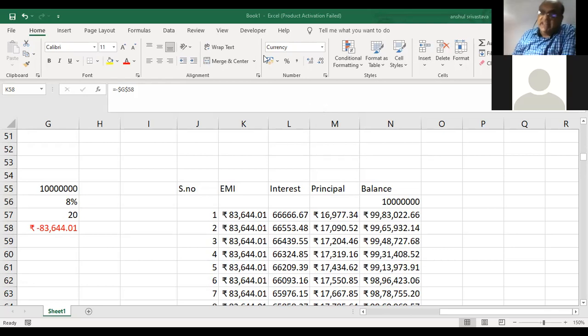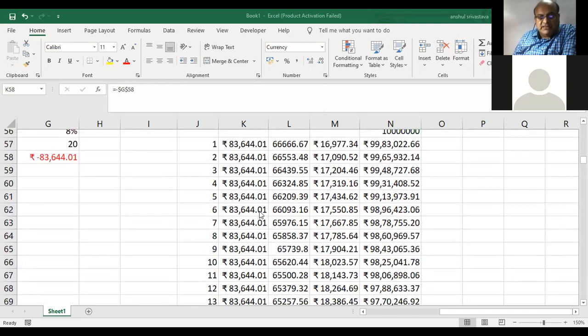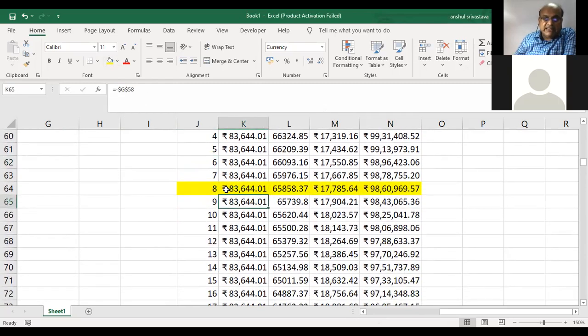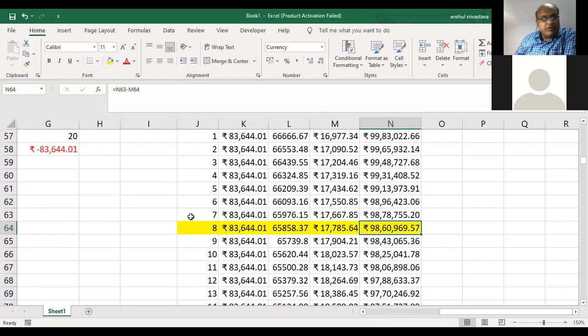But this happiness remained only for 8 months. Up till now, these things happened. After 8 months, 8 EMIs get paid. After that, the loan rate increased to 12%.